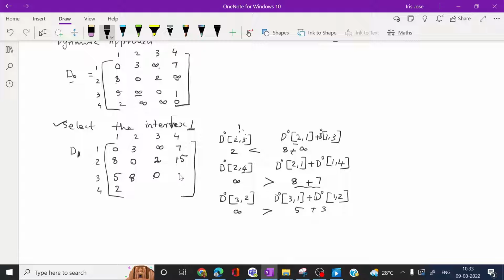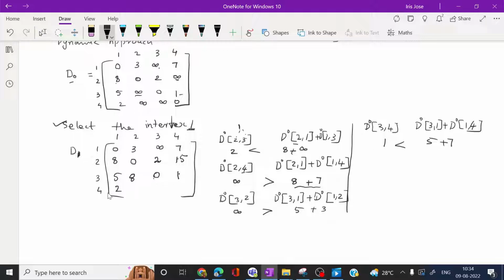Next is D34. D0 34 will be compared with D0 of 3 1 plus D0 1 4. Writing down the values here: D0 3 4 is 1, then D0 3 1 is 5, then 1 4 is 7. So 1 is lesser, so we will keep the value 1 itself.